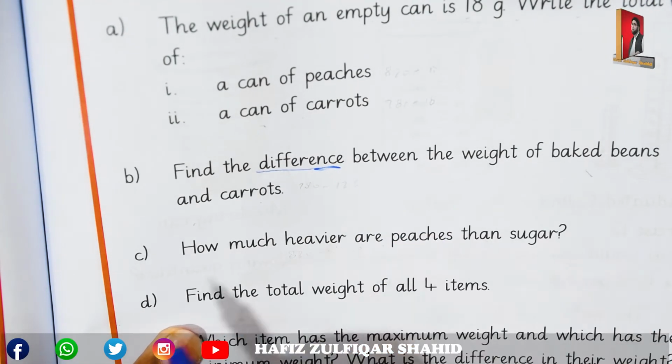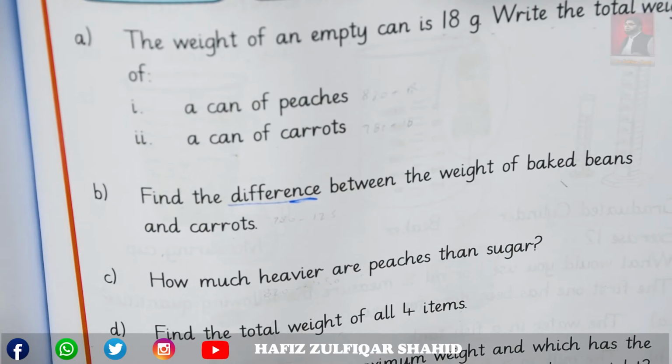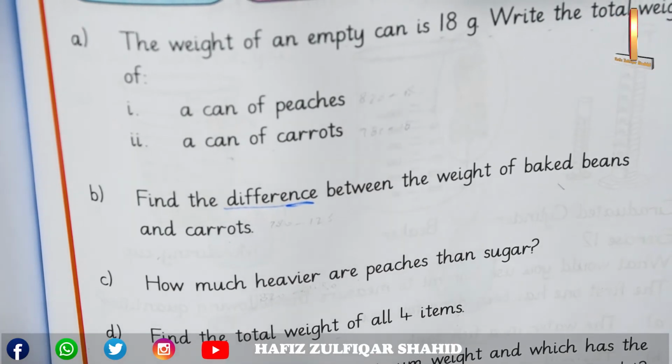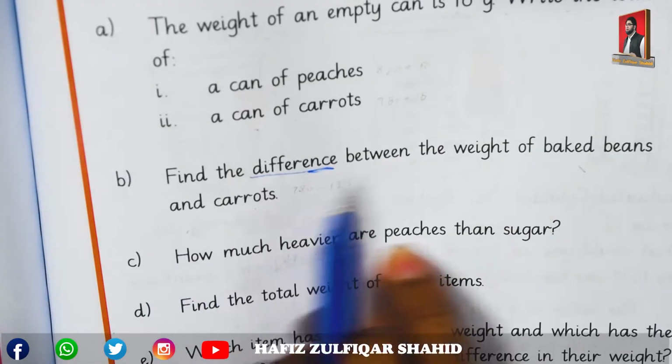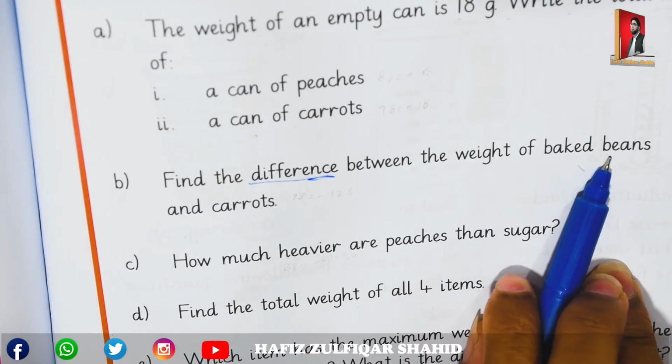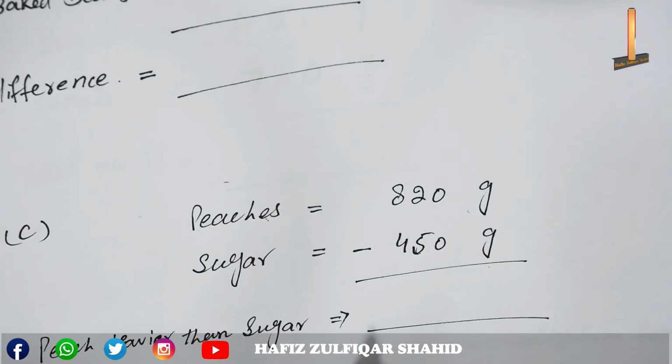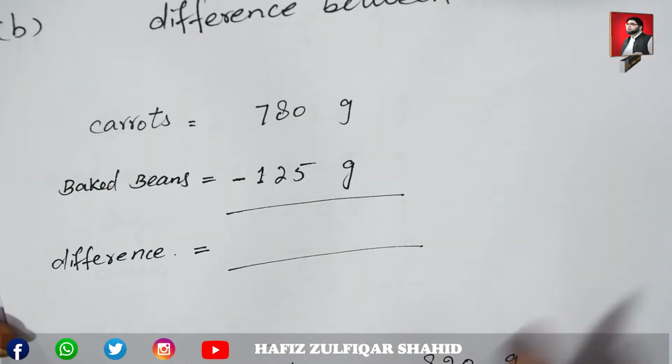By subtracting two values. The answer of subtraction is called the difference of two numbers. So we will subtract the weight of baked beans and carrots. We will get the difference of it.